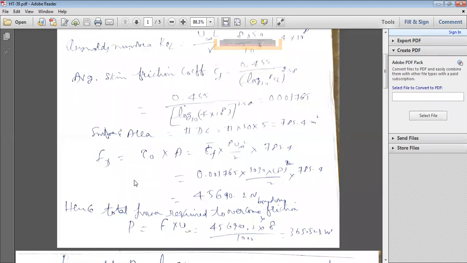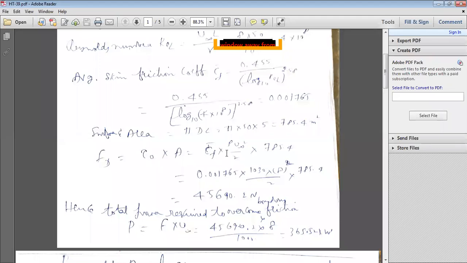Once you know the surface area, how do you calculate drag force? F_D, drag force, shear force or drag force. Here drag force means shear force. How do you calculate shear force? Shear stress into area, surface area. But how do you calculate shear stress?